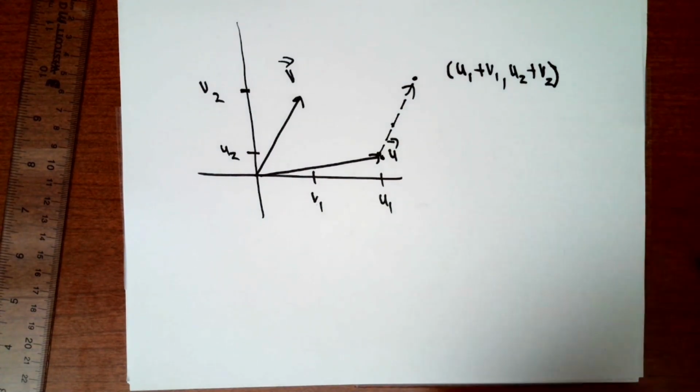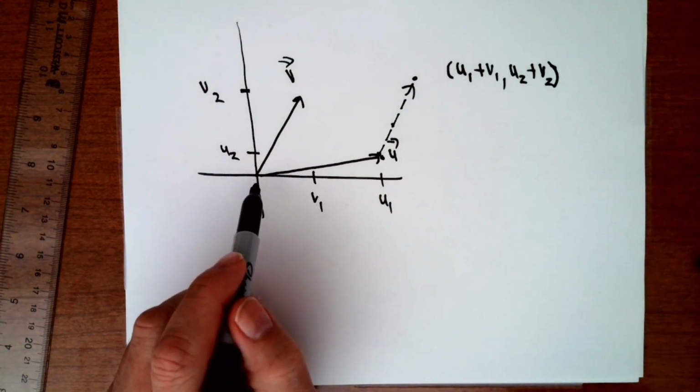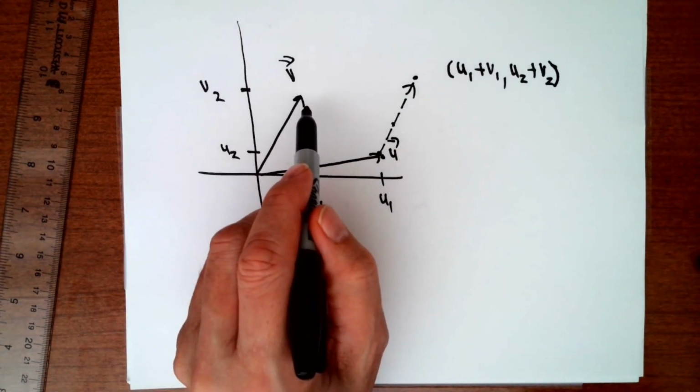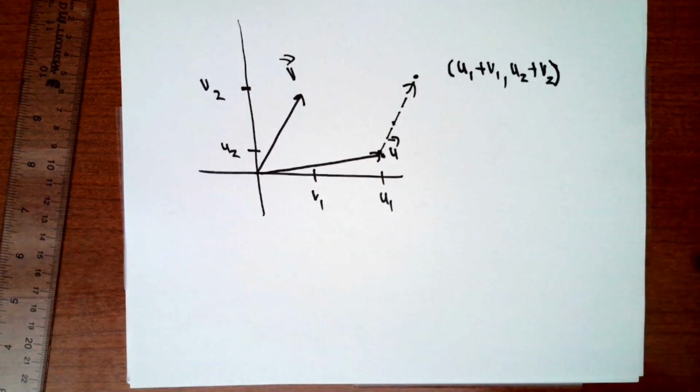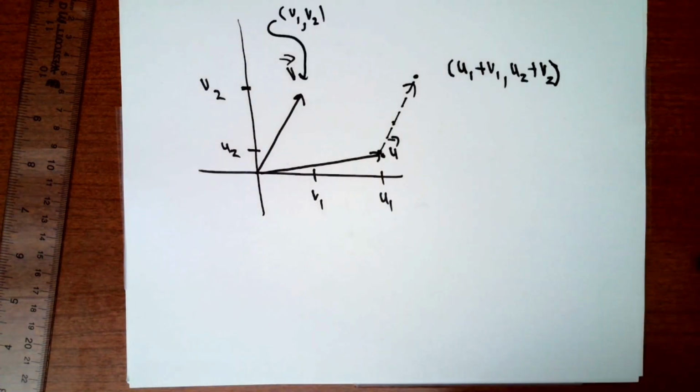I could also think of starting at the origin and going out to the end of vector v in standard position. The coordinates of that point would be v1, v2. From the end point of vector v, I'm going to make a clone of vector u.